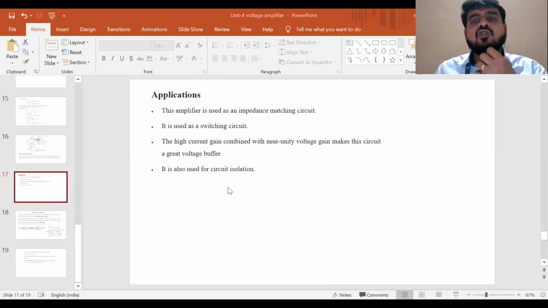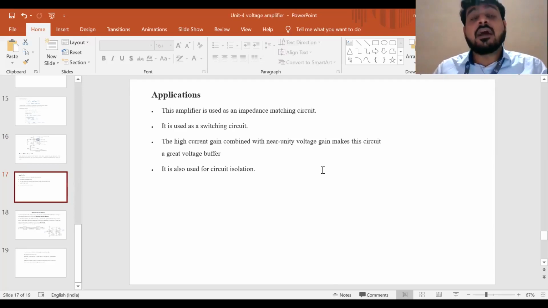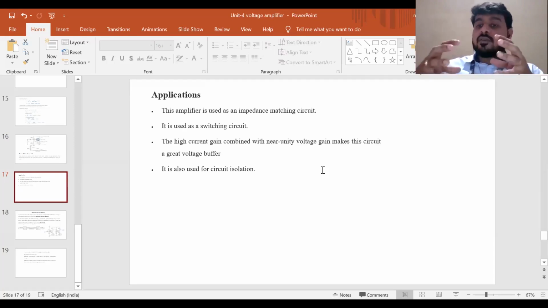Isolation. What do you mean by isolation in general English? Keeping separate, keeping it alone. So this circuit acts as circuit isolation. It means that it separates this particular circuit.